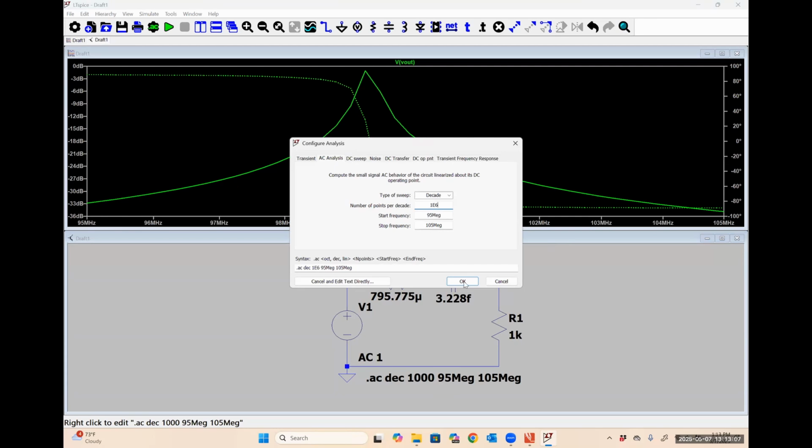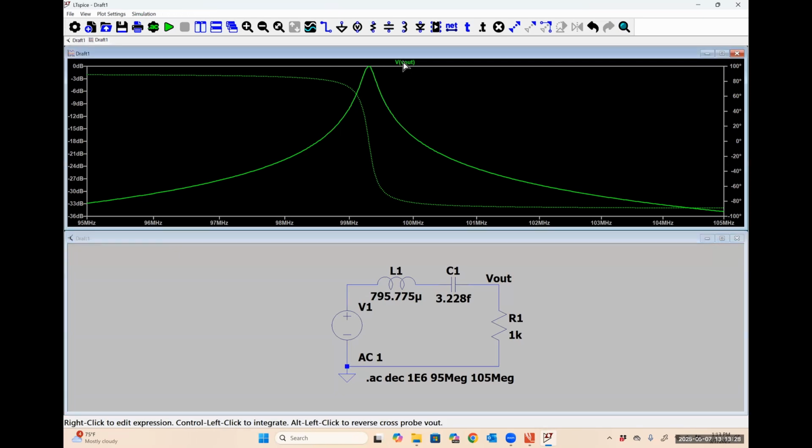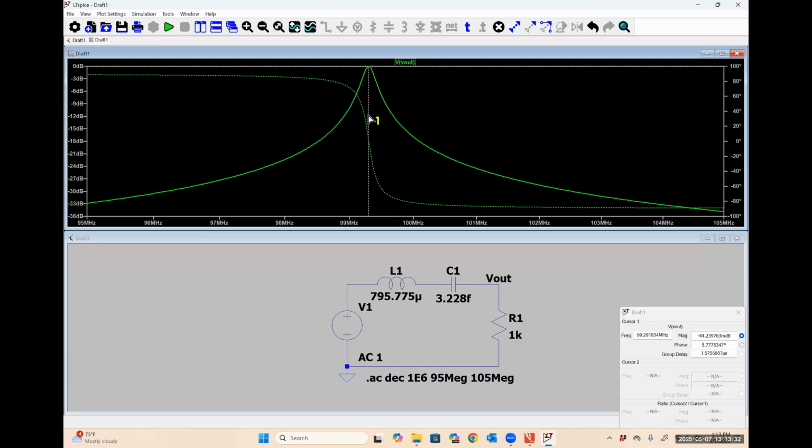which would still probably be fine, we now see that the curve looks much, much smoother and our output signal actually does hit the 0 dB that we would predict based on everything else. So now let's look at this and see where the center frequency hits.